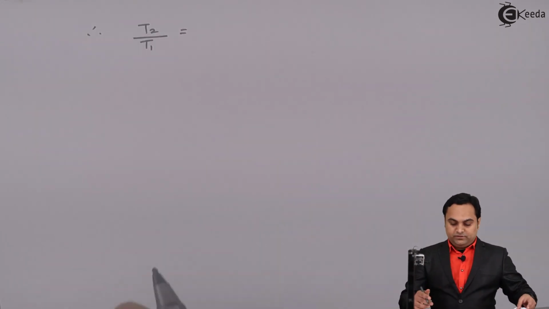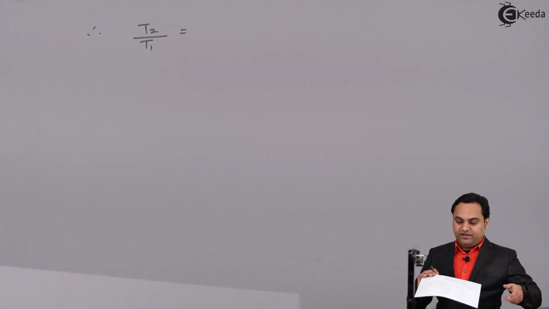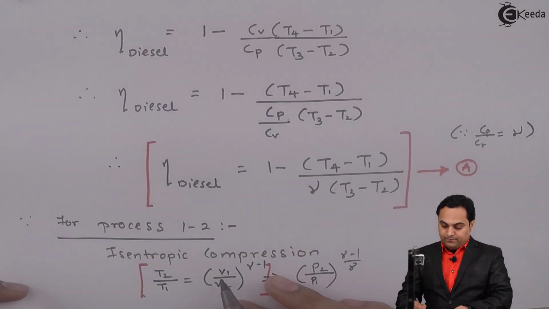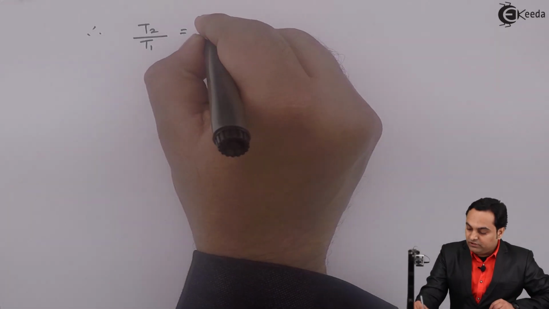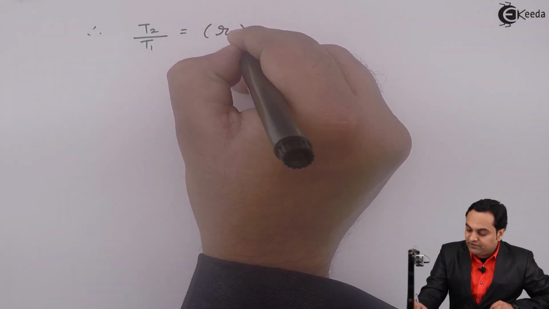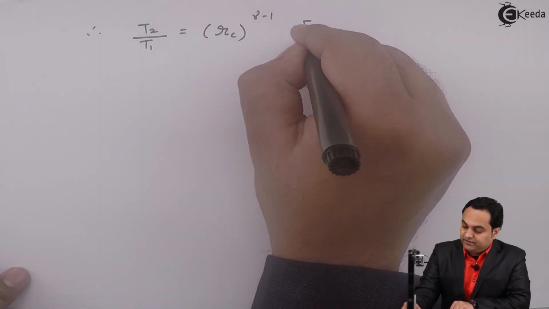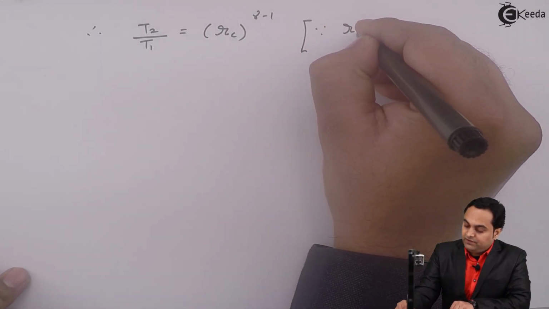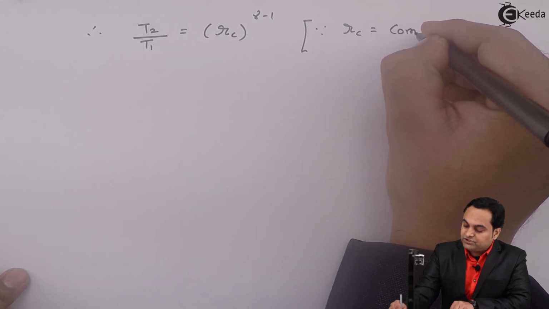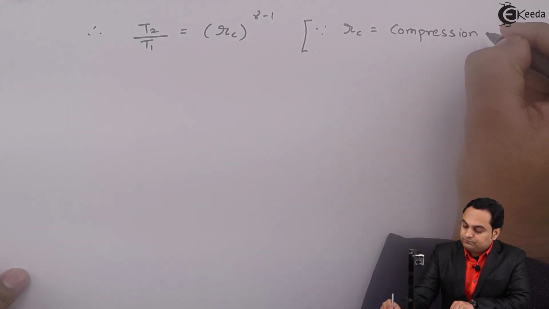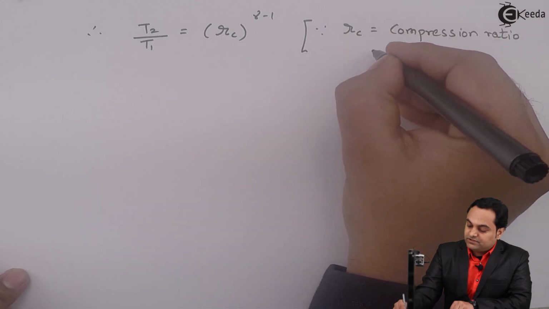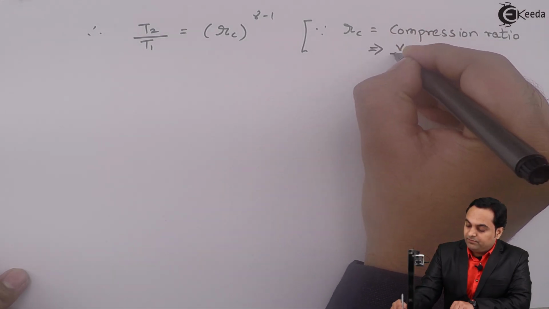So here I'll replace V1 by V2 by a term called Rc, raised to gamma minus 1, since Rc is called as compression ratio, equal to V1 by V2.